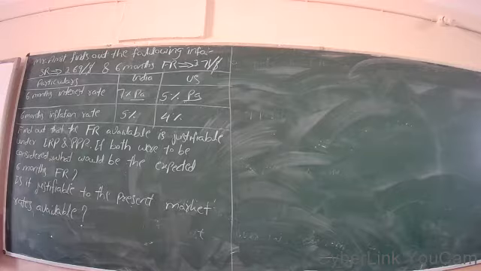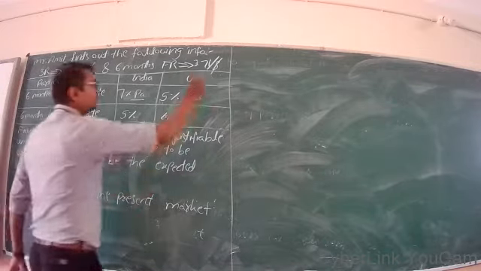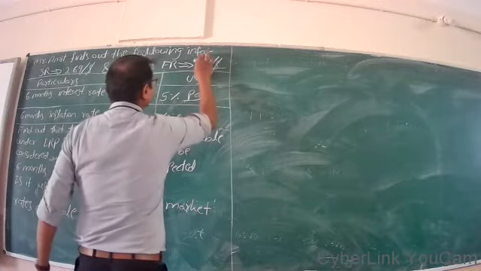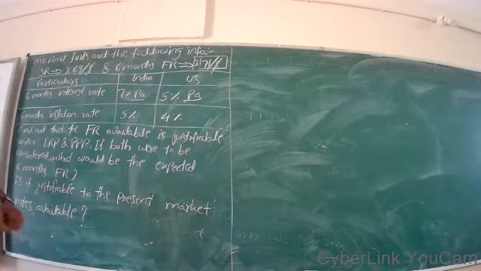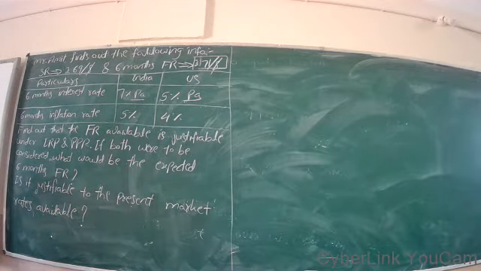Find out that the forward rate available, this is the anticipated market rate after 6 months, is justifiable under IRP, interest rate parity theory, as well as purchasing power parity theory.